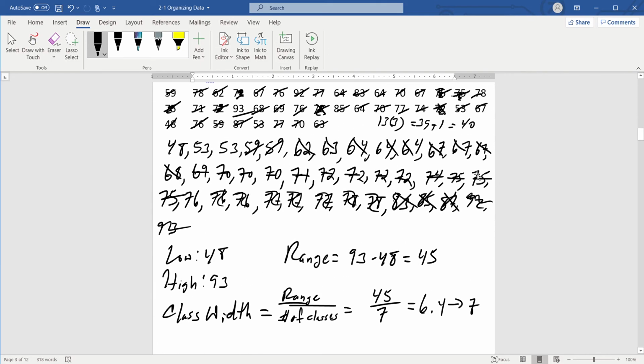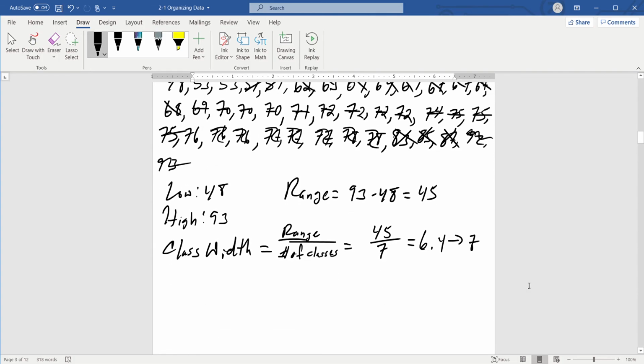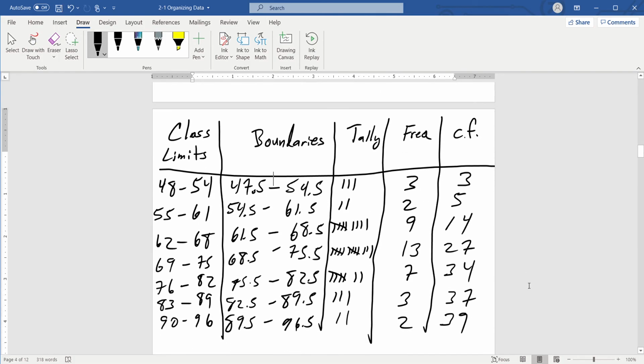So I was counting these, counted up 40. Okay. Where we are off is from 76 to 82. There should actually be 8 of those values.